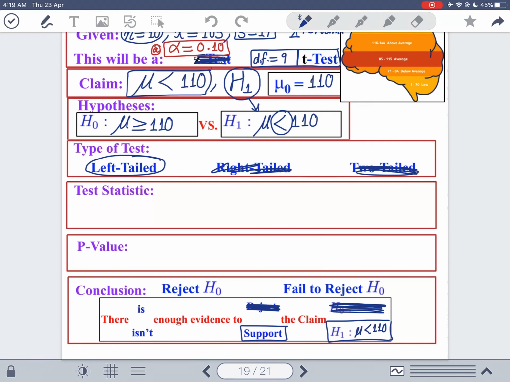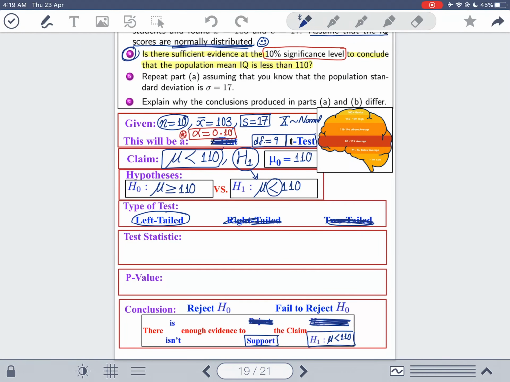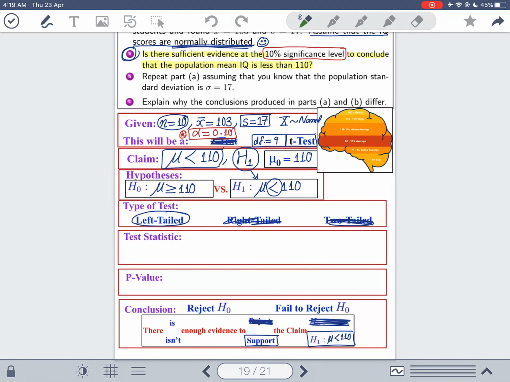And now, so now we do what? We have test statistic. We need to find the test statistic. Let's do it in green. So this is a t-test. So this would mean t-stat is equal to, and it will be what? Of course, x bar minus mu 0 divided by s over radical n.